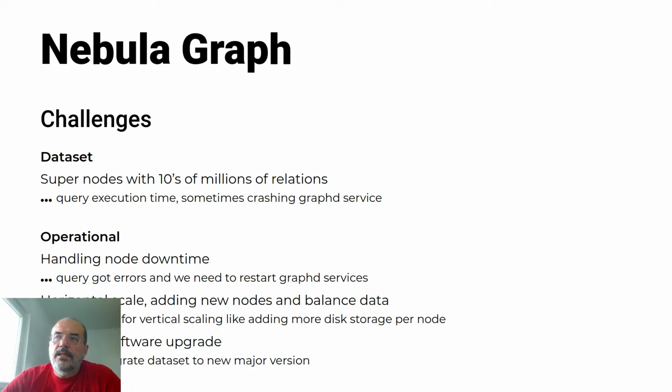And database software upgrade is also a little bit problematic. On the same major version, like version 1, new patches are backward compatible, but to change to the new version, version 2, there are a lot of changes, and you have to migrate your data in some way to the new cluster you prepared with the new version.